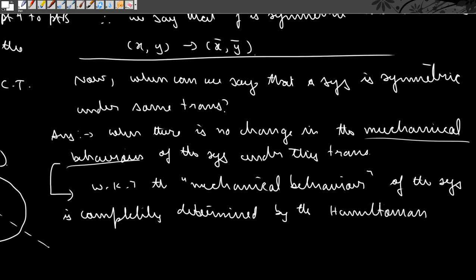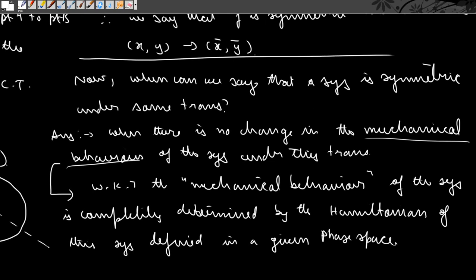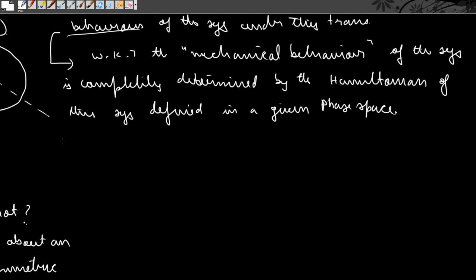Okay, because we have seen in our previous lectures that the mechanical behavior of a system can be characterized either using the Lagrangian formulation or the Hamiltonian formulation, in which case we need to know what the Lagrangian function is or the Hamiltonian function is respectively. So it is completely determined by the Hamiltonian of this system, and the Hamiltonian is defined in a given phase space. Okay, so I hope that it is clear.